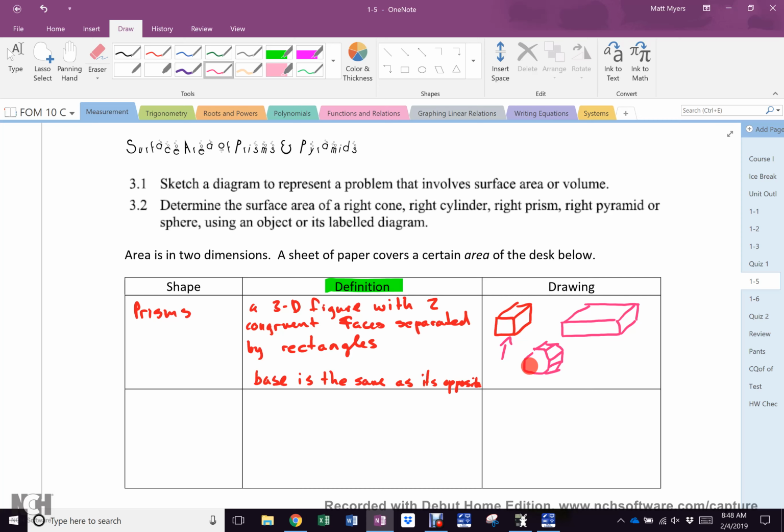Okay. What shape is that? No, that's a circle. What shape is that? Are they the same? What's in the middle of it? A rectangle. Right? Because if I roll this, circle, circle, rectangle.